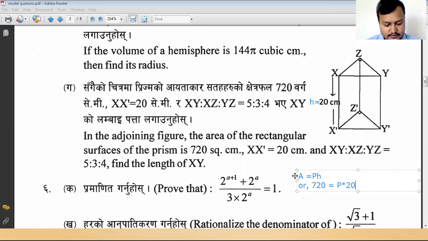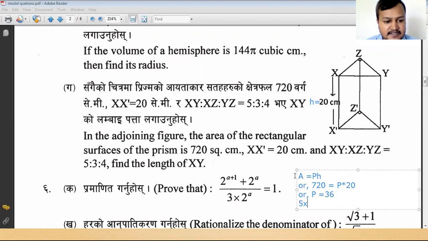So from it, what is the value of P? P is equal to 36. And we have to say let the sides be 5x, 3x and 4x because their ratio is 5:3:4.